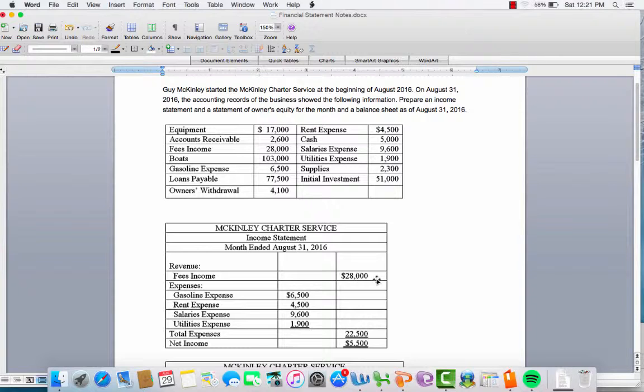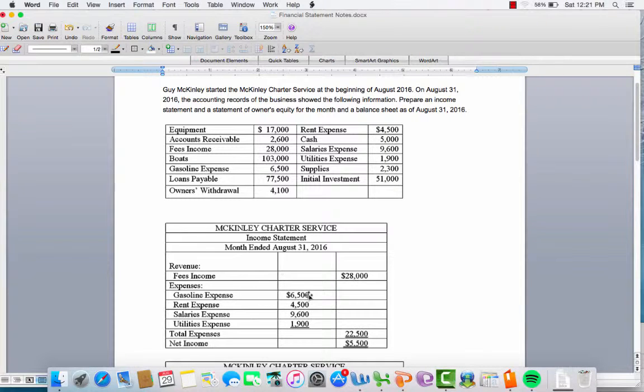So we want to match our expenses against that revenue to figure out what his profit, or we also call that net income, was for the month of August. So notice his gasoline expense was $6,500, and we're just pulling those numbers from the individual accounts. And it's pretty easy to identify expenses with Guy's business because it's explicitly listed. Gasoline expense, $6,500.